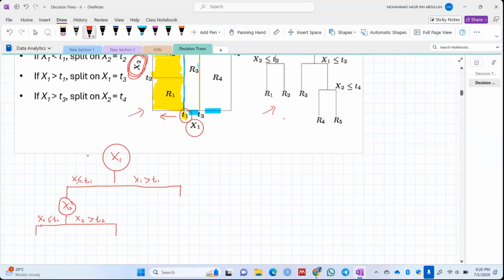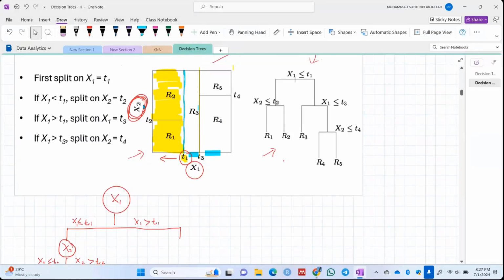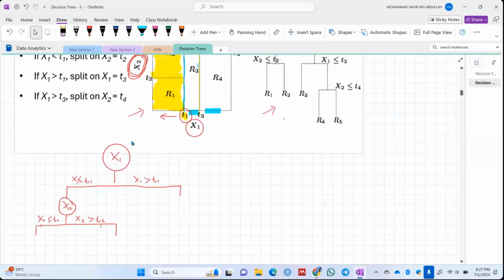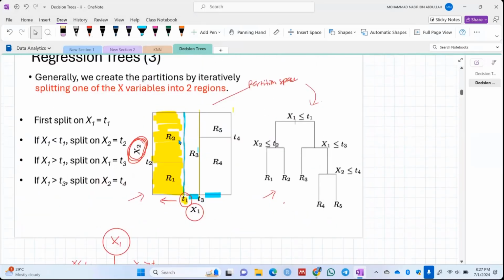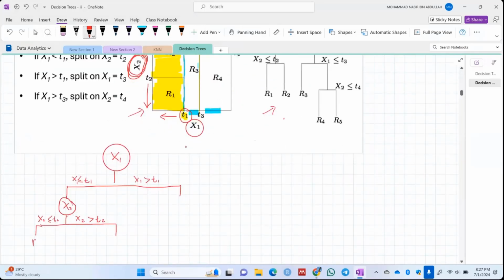Okay, continue. So if you look at this one, for x1 less than t1, we have two separated regions based on x2, with x2 equal to t2. When x2 is less than t2, it covers region number 1, which is R1. When x2 is more than t2, it covers region number 2.